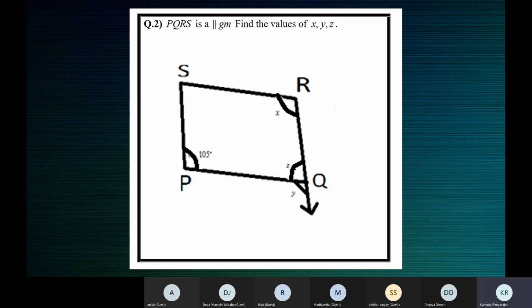When the lines are not parallel, they are not supplementary, but they are still called co-interior angles.